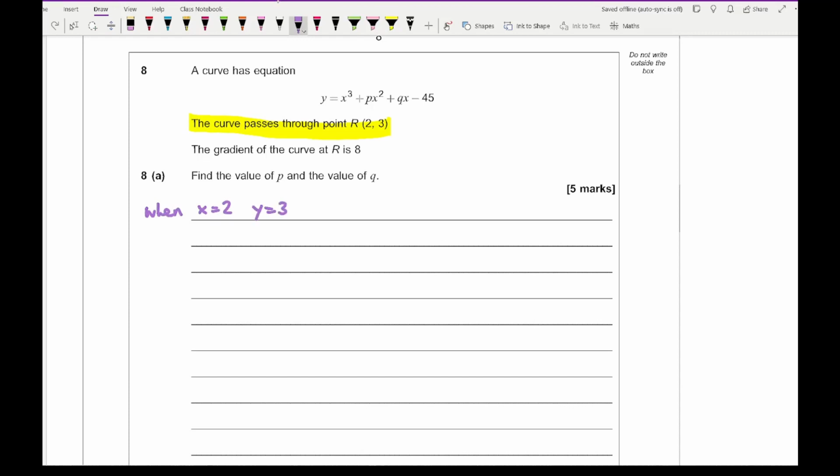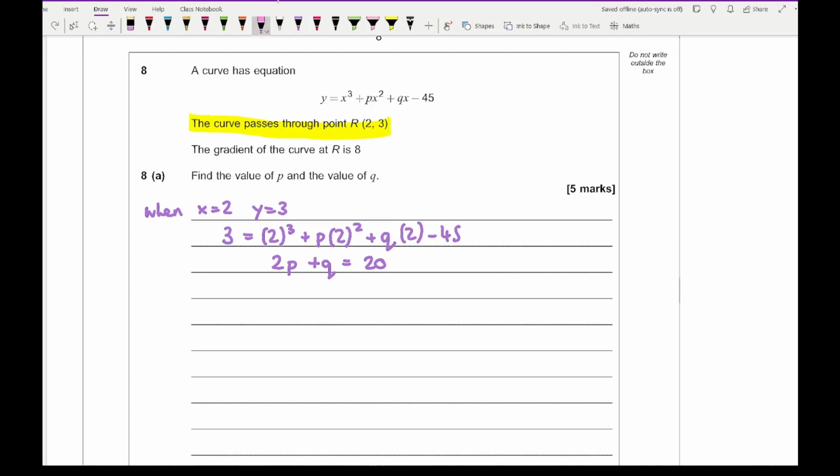So substituting that in, what I get is 3 equals 2 cubed plus p2 squared plus q2 minus 45. Now if I neaten all of that up, I'll get an equation of 2p plus q equals 20.